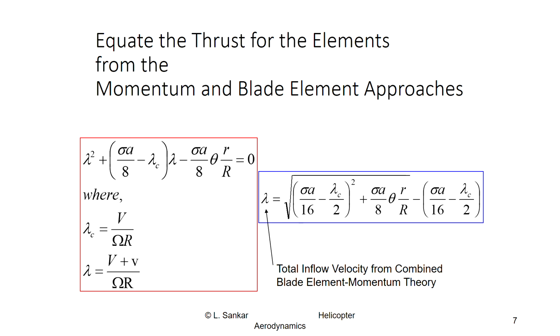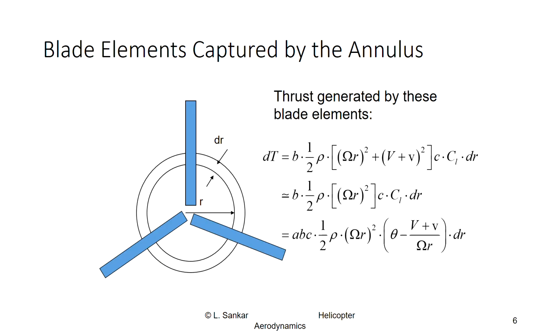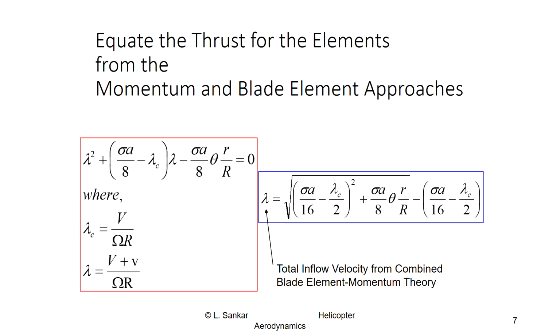This is the total induced inflow velocity from the combined blade element momentum theory. Notice that now it's no longer a constant, it's a function of radius, because the solidity, which is B times C divided by pi times capital R, may be varying with radius.